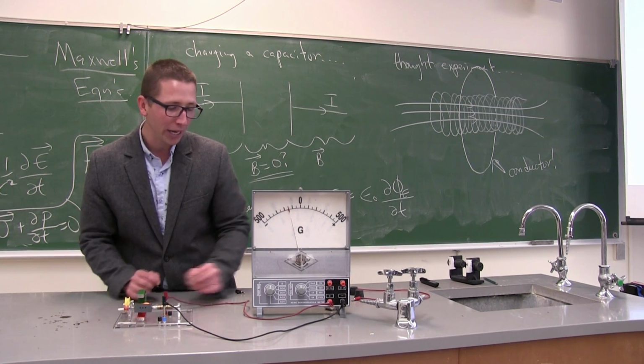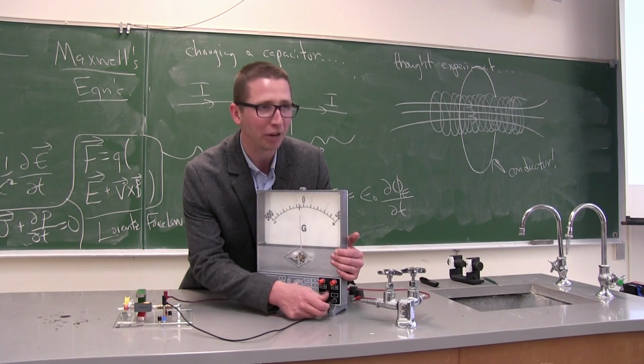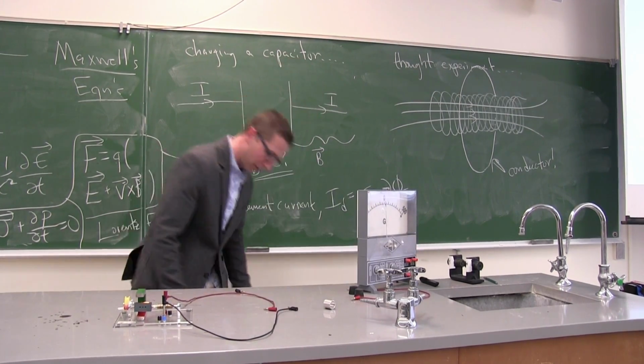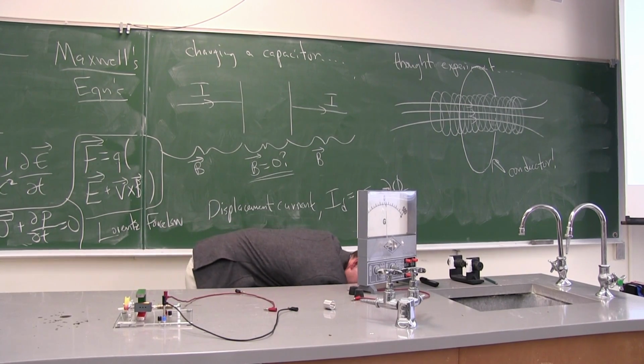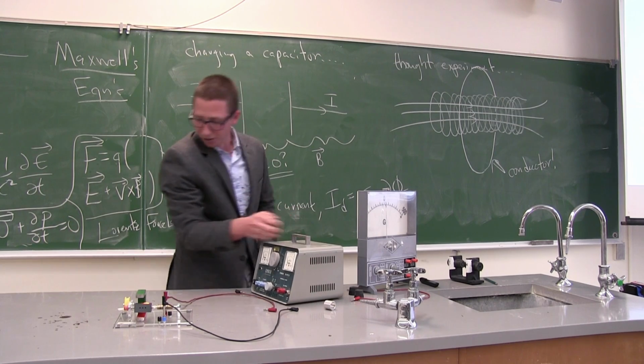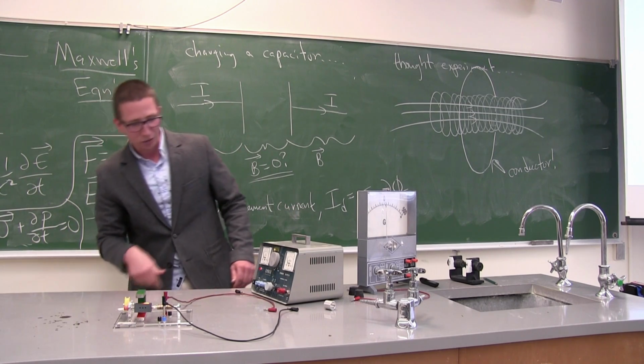Final thing which I'll show you here is, that's a generator, right? But let's say I want to turn this into a motor. Well, an electric motor basically takes electric power and produces mechanical energy.